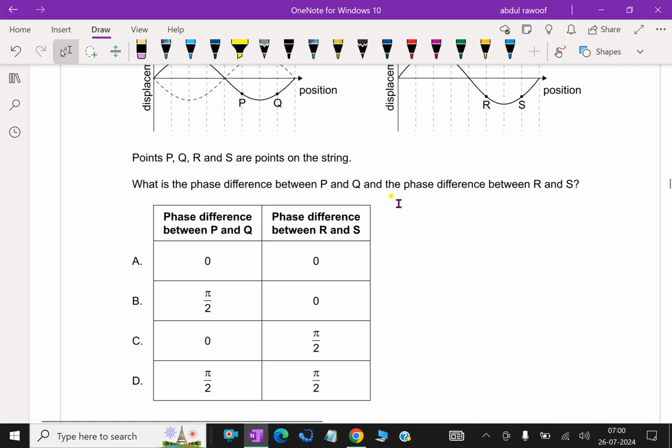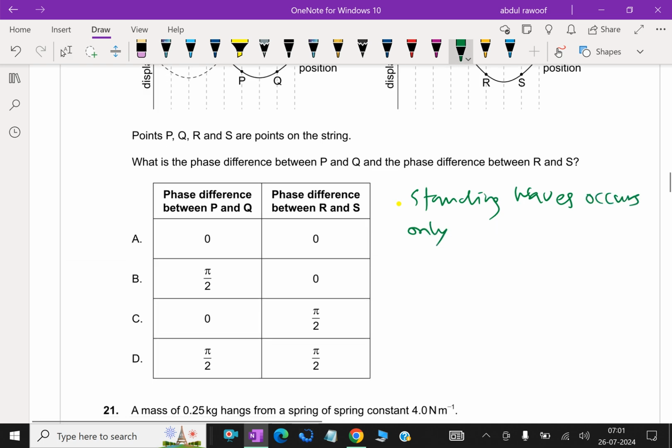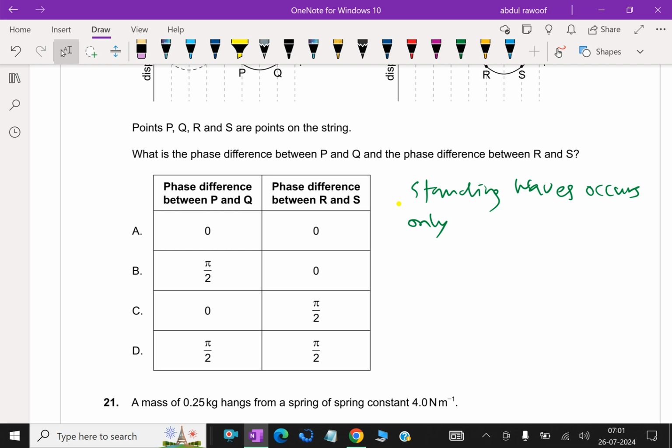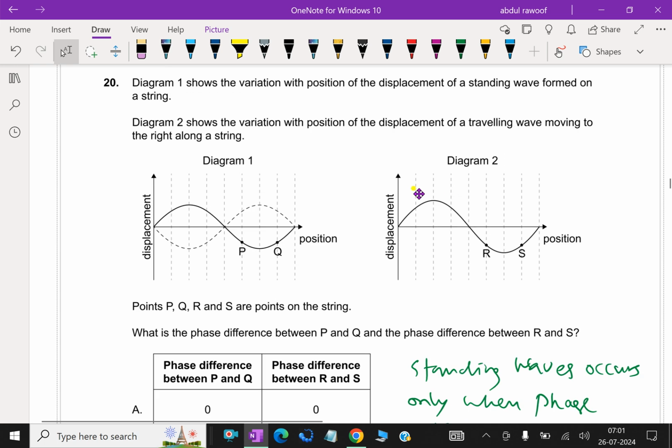Here in the standing wave the phase difference is 0, while in the traveling wave the phase difference is pi by 2.